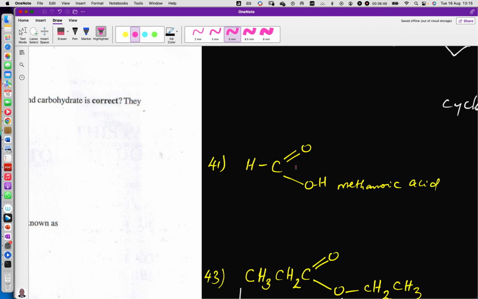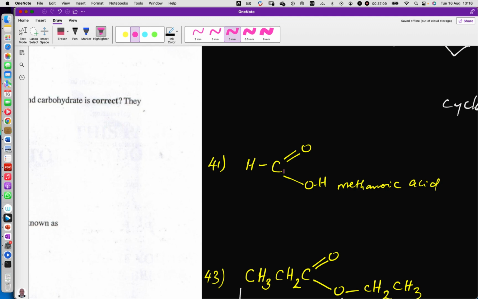We call this an acid group. There's only one carbon there. Because of the presence of only one carbon with a carboxylic acid group attached, we call it methanoic acid.